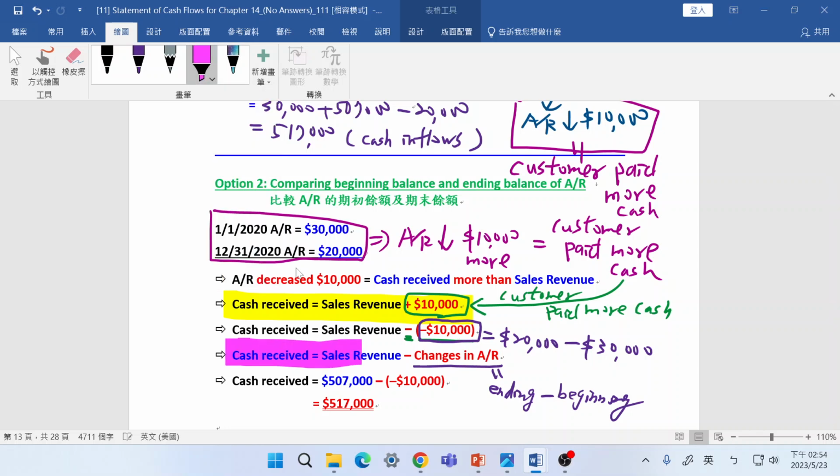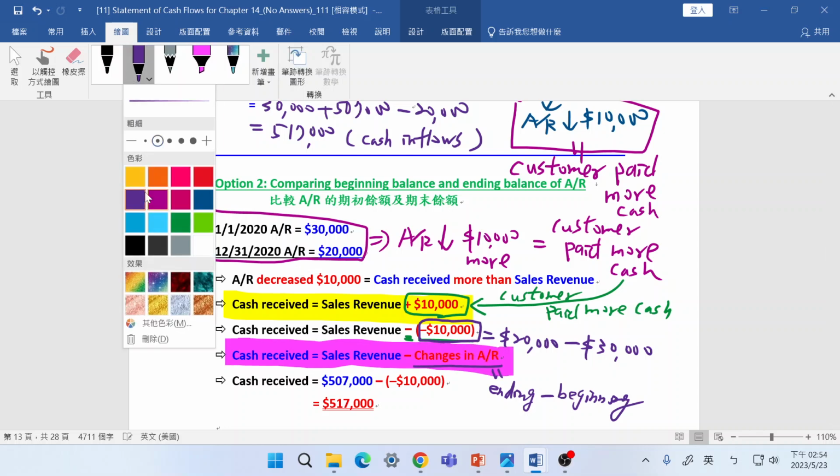So this is our formula for your indirect method.